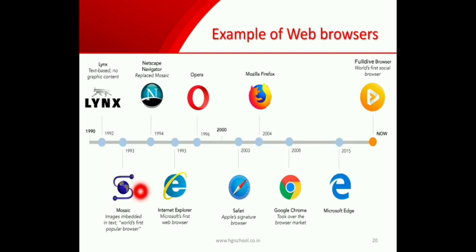It was the world's first popular browser. After that, in 1994, Netscape Navigator came and replaced Mosaic. But nowadays there are many other popular web browsers. You can see Mozilla Firefox, Internet Explorer, then Google Chrome, Microsoft Edge, etc.